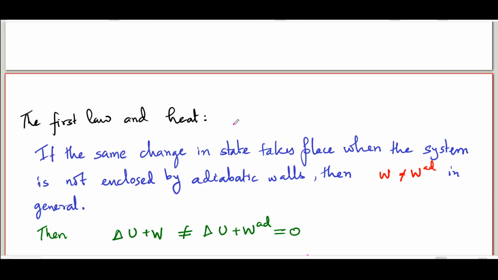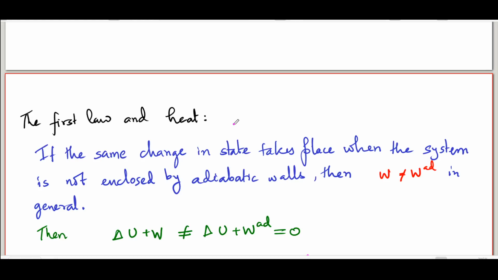We say that delta U plus W adiabatic was 0 because there the only source of energy was external work, and so the only way the system could also influence the external world was via doing work, and it was doing that at the expense of its own internal energy.